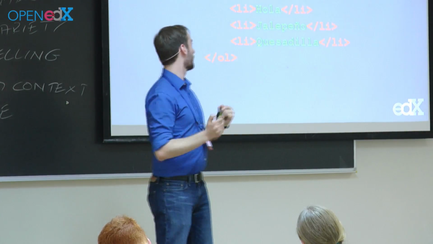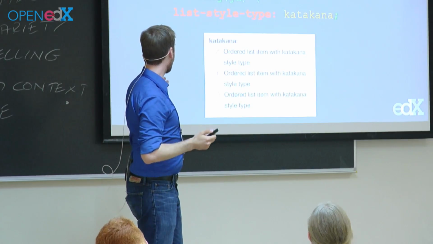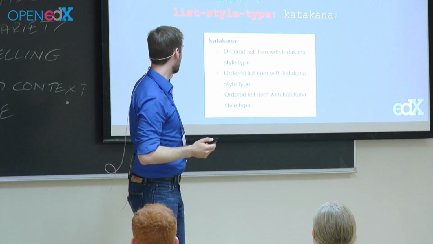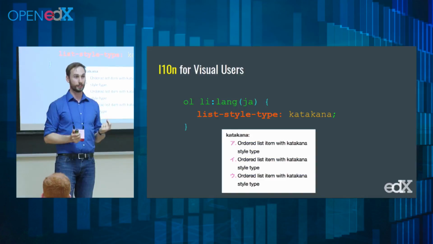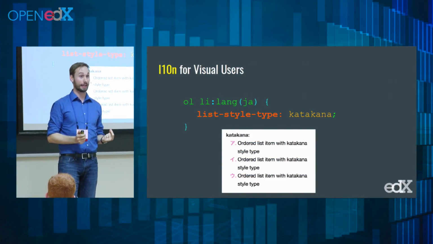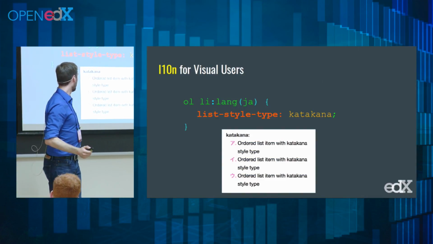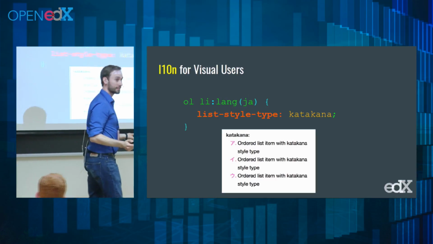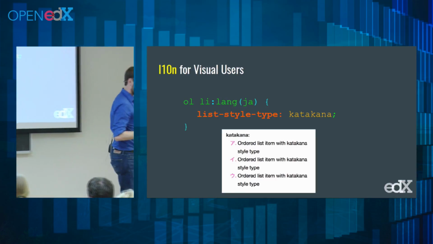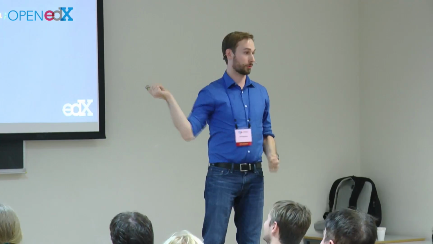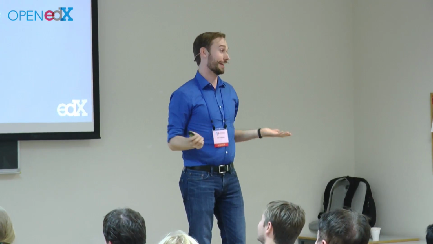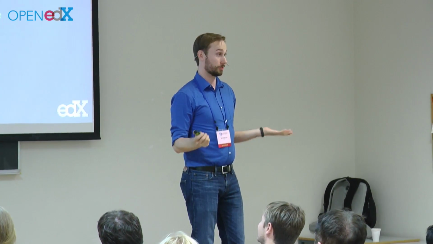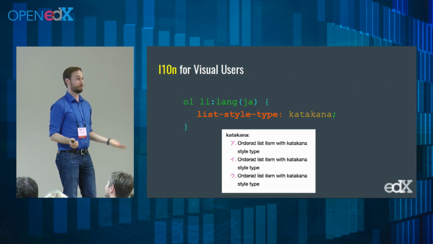and has them start thinking about like, oh, they weren't thinking about me. Another really nice thing for visual users, you can actually style based on the value in the lang attribute. So if you are trying to localize for Japanese language users, you can show them an ordered list, and it'll say 1, 2, 3, and that'll be fine for them. They'll get by.